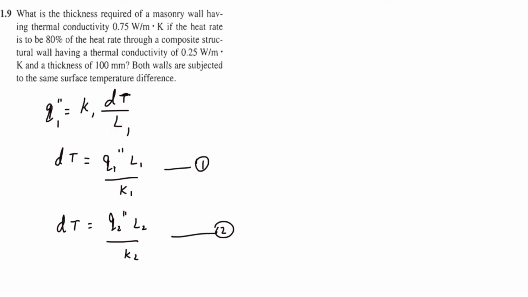Since the temperature difference is going to be equal for both of them, we can equalize both of them. So we can say q1 double prime L1 over k1 is equivalent to q2 double prime L2 over k2. I just equalized equations 1 and 2 because the dT is the same for both of them.